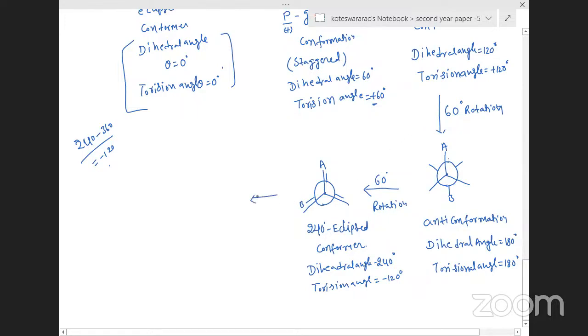Again, I'm going to rotate it 60 degrees clockwise. That leads to the formation of a meta-gauche conformation. This is A, this is B. This is the meta-gauche conformation. What is the dihedral angle?